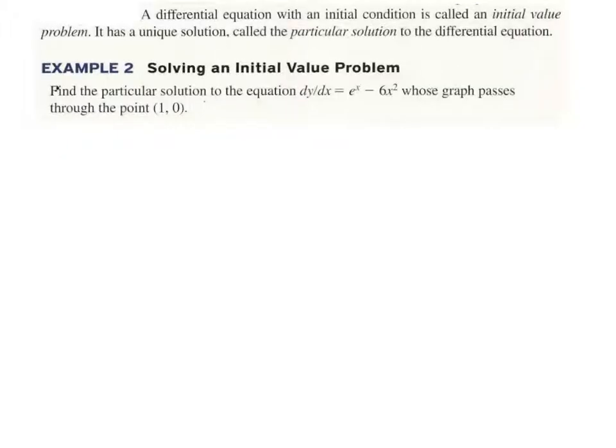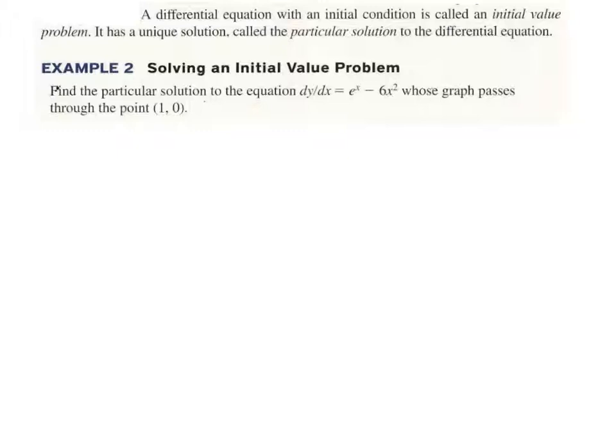As we move on to example 2, we're going to go from talking about general solutions to particular solutions, and this should be a review. We've done these before, but we just want to go over the vocabulary again. A differential equation with an initial condition is called an initial value problem, and it has a unique solution called the particular solution to the differential equation.